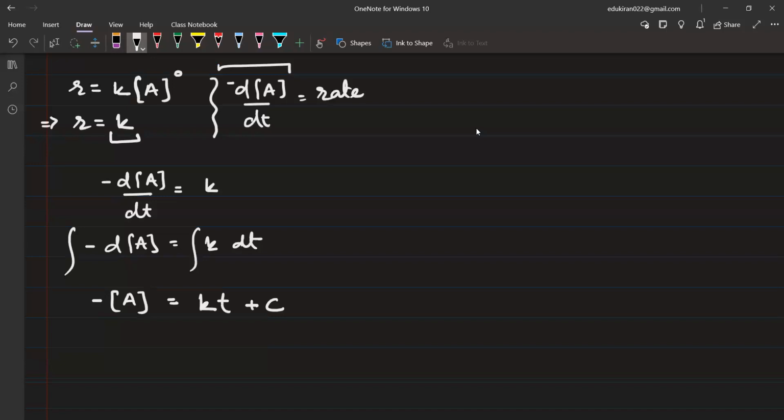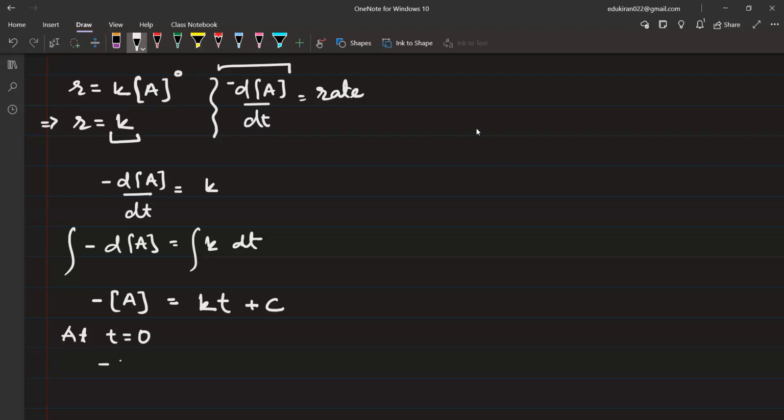In order to determine the constant, you need to put t equal to 0. At t equal to 0, what happens? Please see.